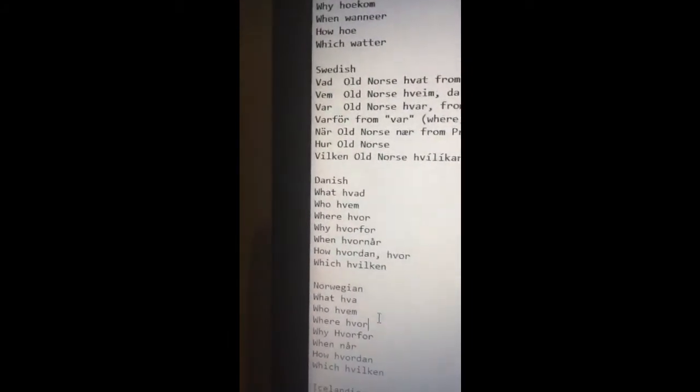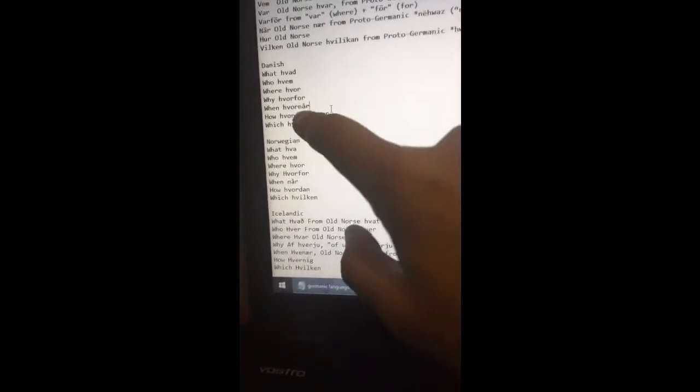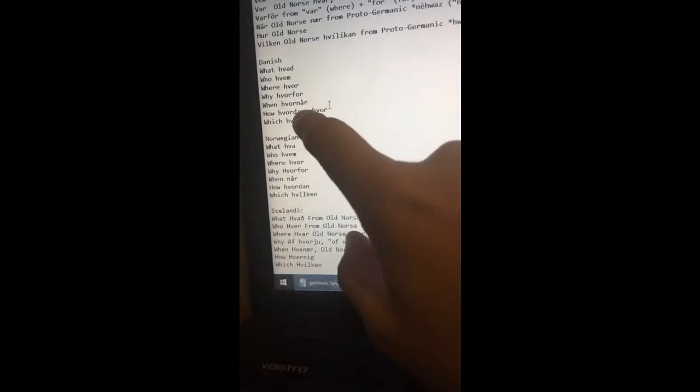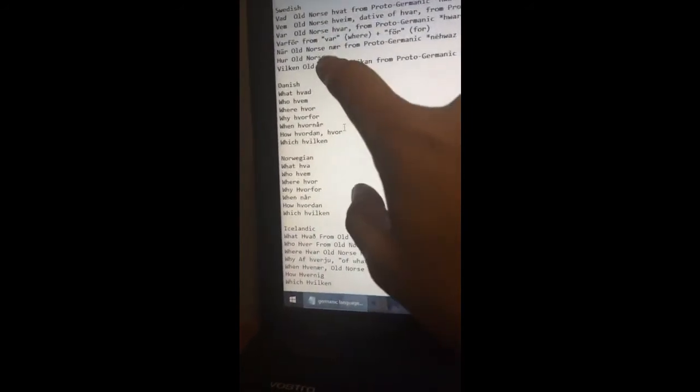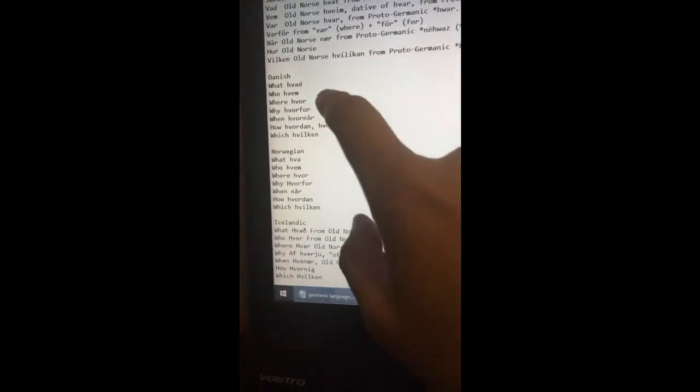So vem and hvem in Norwegian, and finally we have Danish and Norwegian also do the same thing with när. So when is derived from this Old Norse word när, which means near.